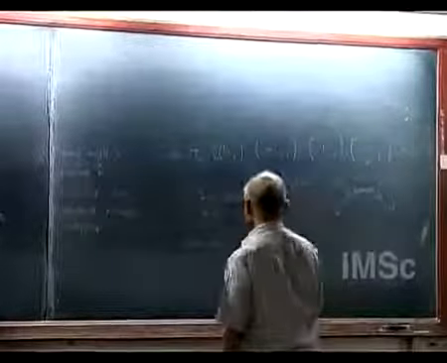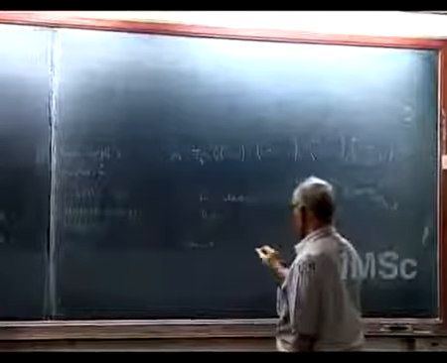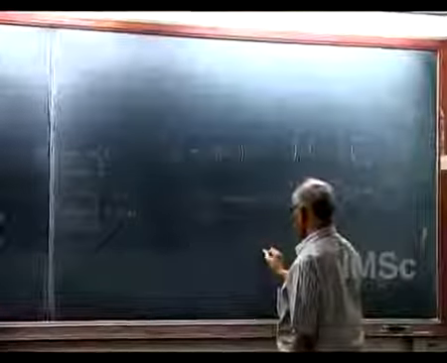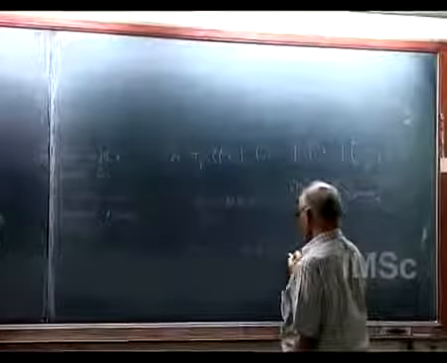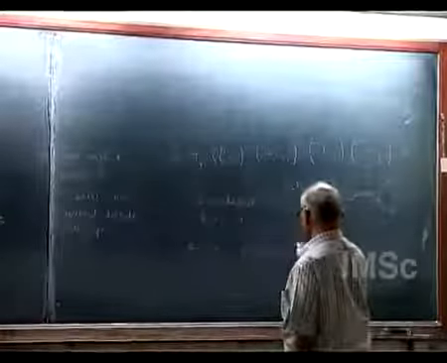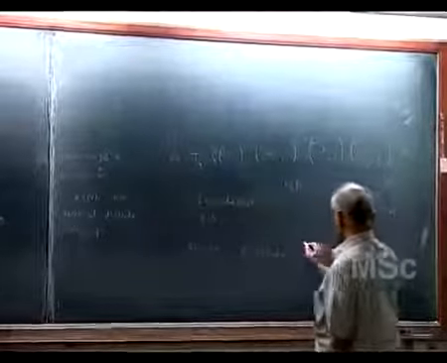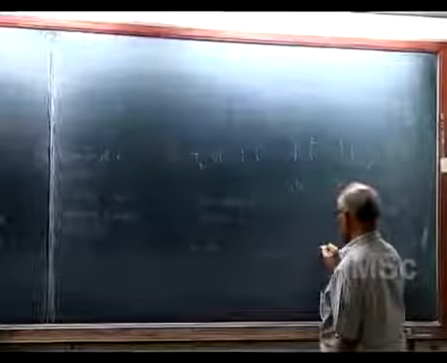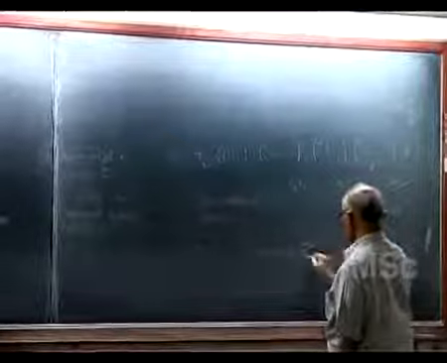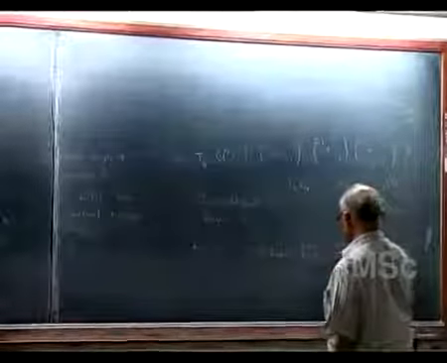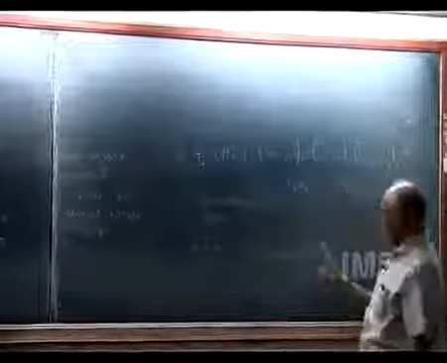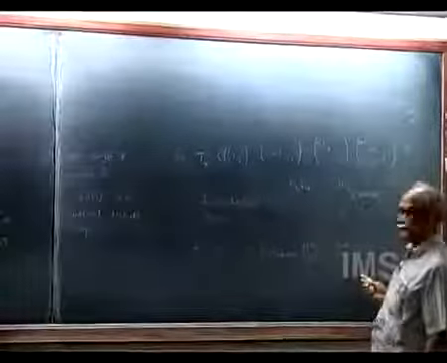It consists of all rotations around the third axis, let us say. So it will be cos theta, sin theta, minus sin theta, cos theta, and 0, 0, 1.